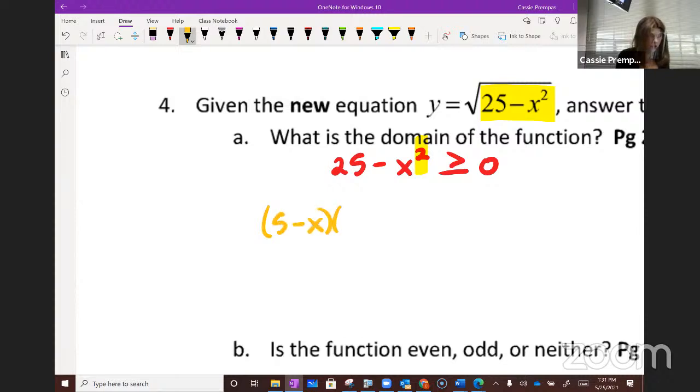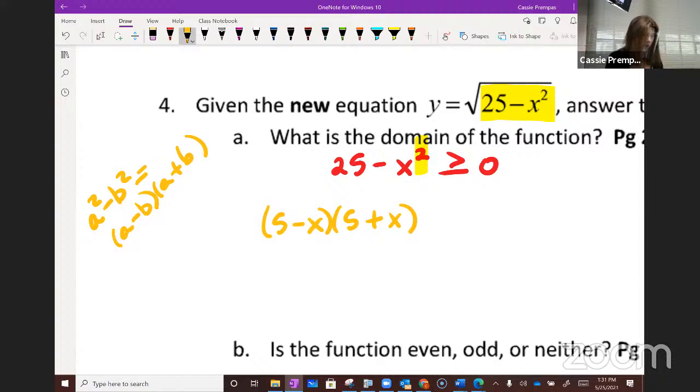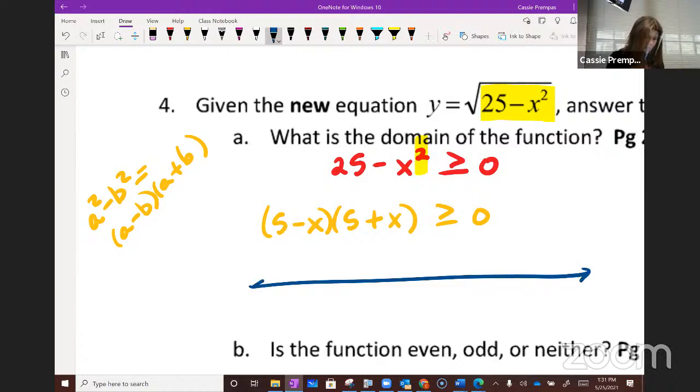So close. In this case, it's going to be 5 minus x, 5 plus x. But you're right, we have to factor it, because Wilbur's using that rule, a squared minus b squared factors into a minus b, a plus b. So a squared is represented as 25. Awesome, that's the first step. And then do you guys remember what we do with a number line to help us determine this domain? What do we plot on the number line?